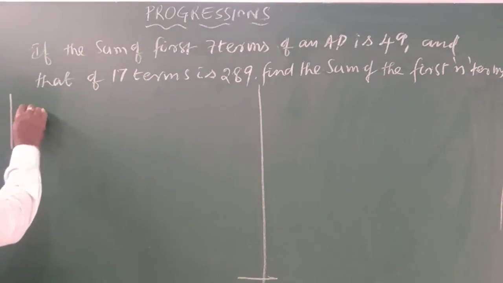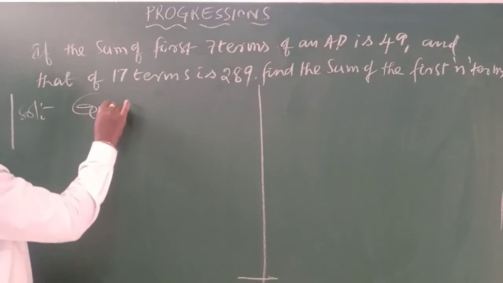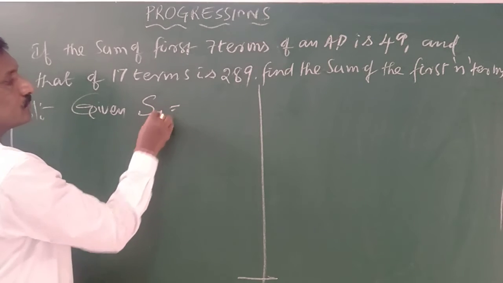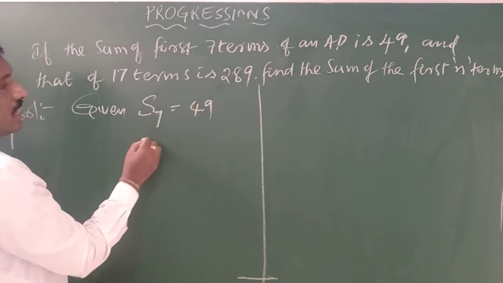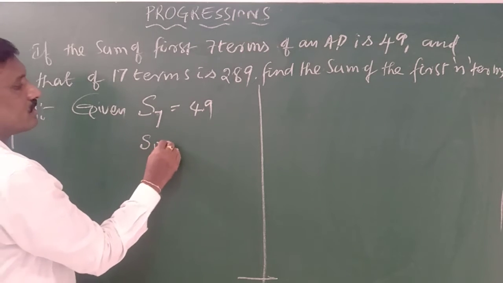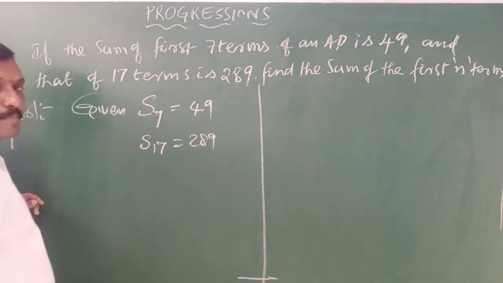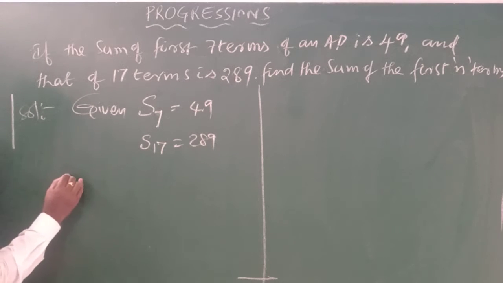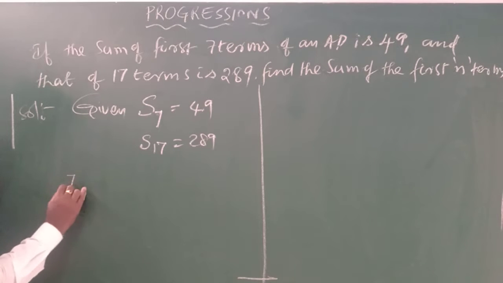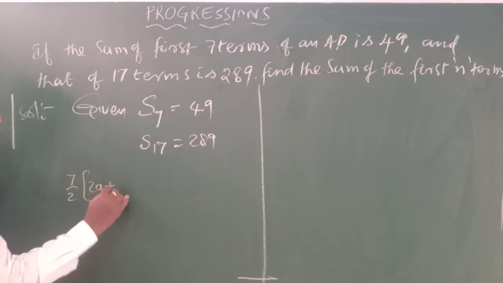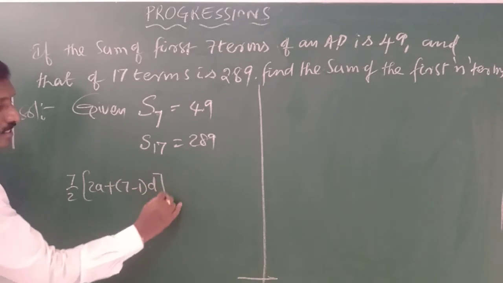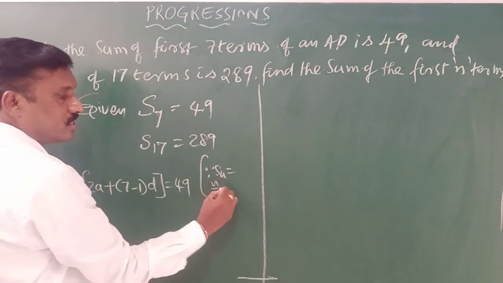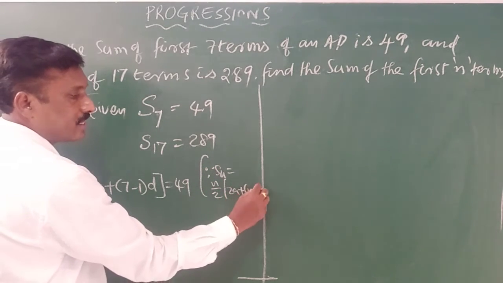So here the solution part, what is given? The sum of 7 terms is given as 49, as well as the sum of 17 terms is given as 289. So I can write S7, 7 by 2 of 2a plus (7 minus 1) into d is equal to 49, as we know the Sn formula is n by 2 of 2a plus (n minus 1) into d.